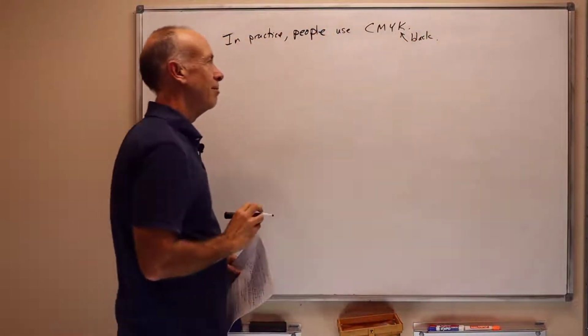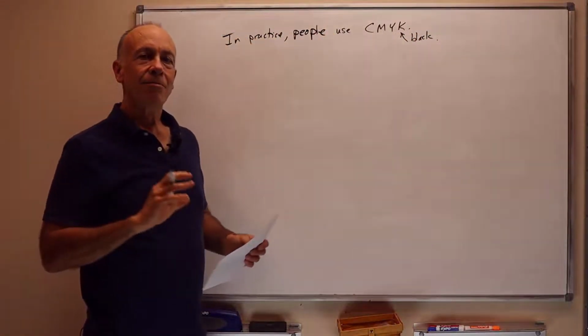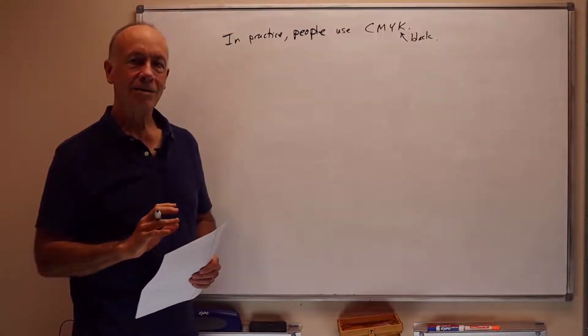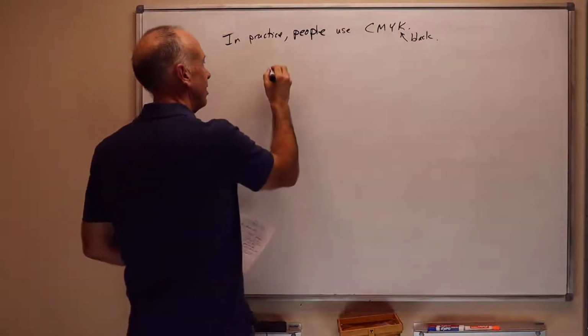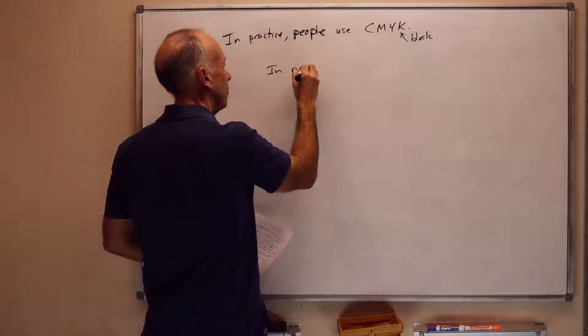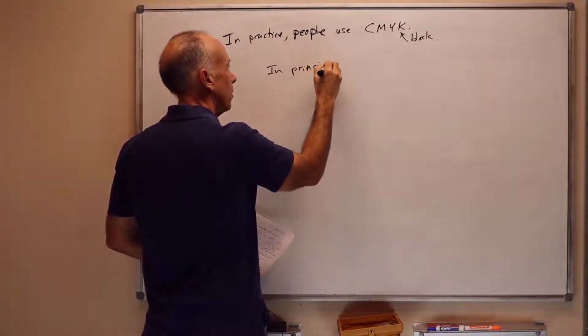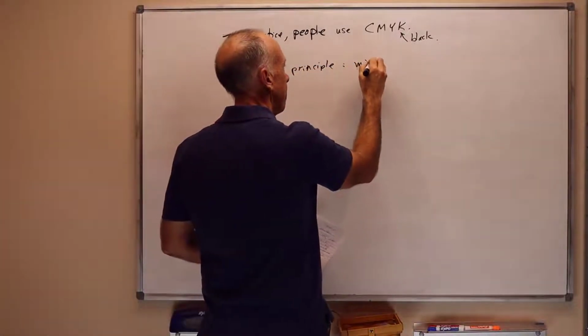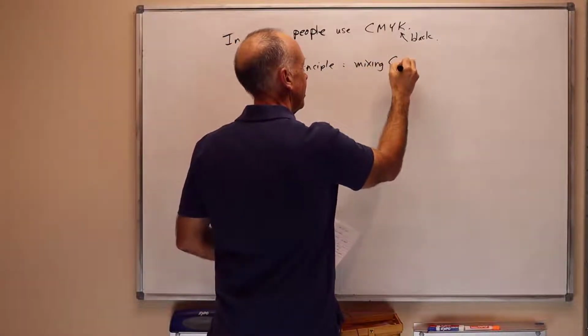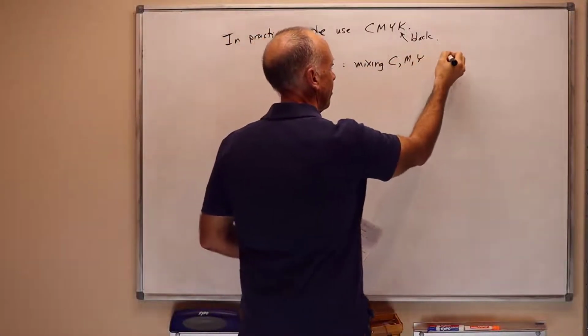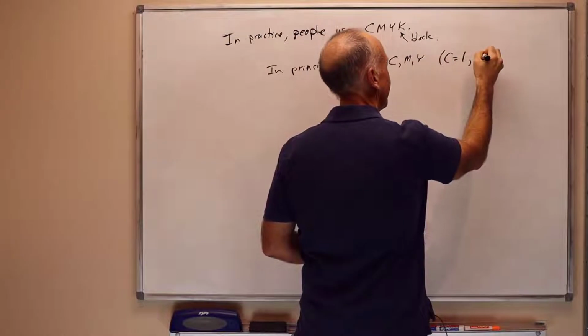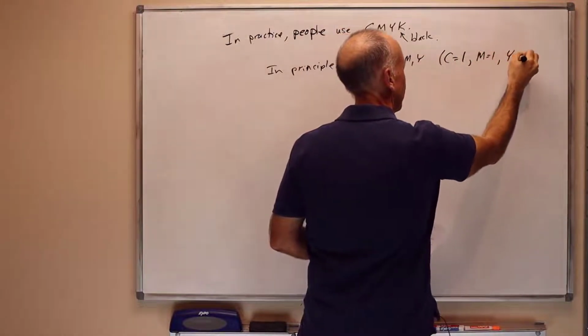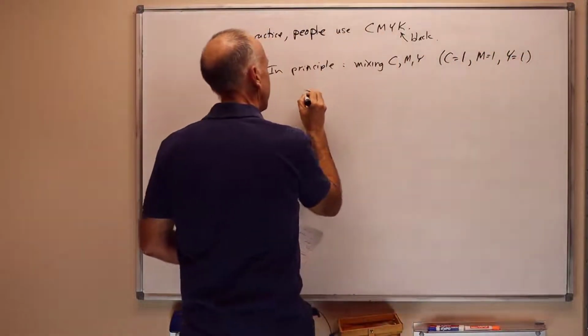And the idea here is that black should nominally be a complete mixture of cyan, magenta, and yellow. So in principle, mixing C, M, and Y, namely with, think of C equals 1, M equals 1, and Y equals 1, should give black.